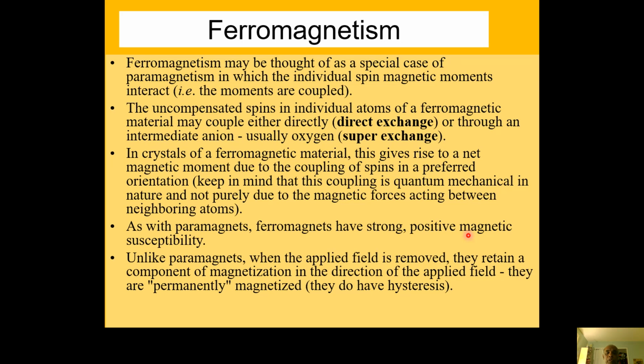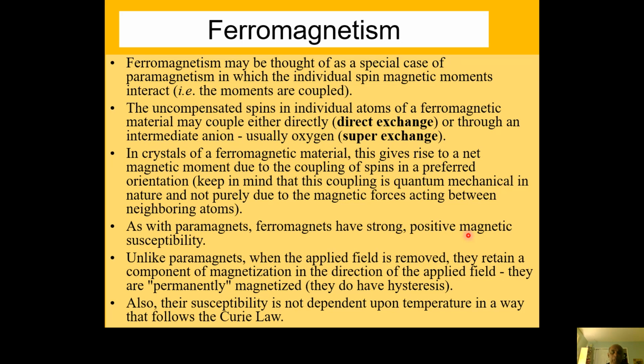In paramagnets, we know when the applied field is removed, they lose the permanent magnetic moment. But in ferromagnets, even after you remove it, you have a component of magnetization in the direction of the applied field. So that's a permanent magnet, right? They also have a special property called hysteresis.